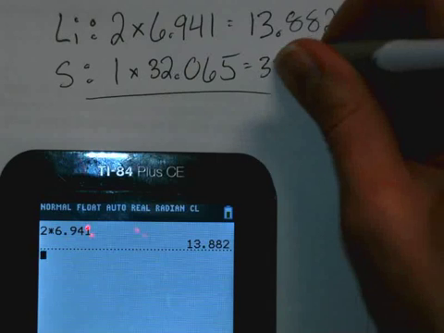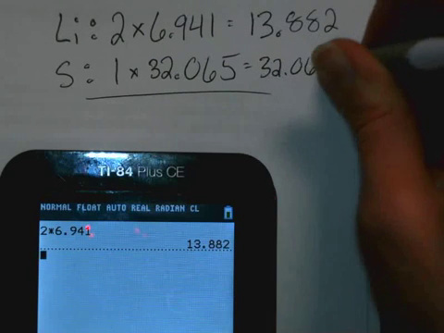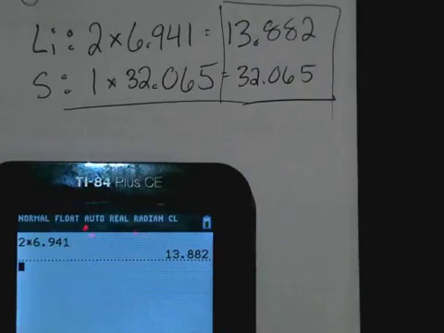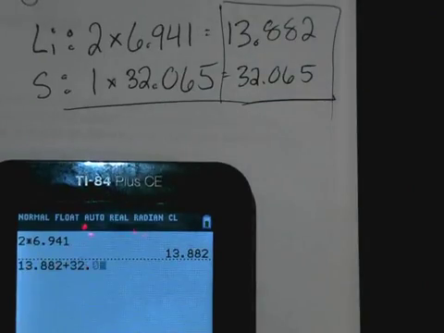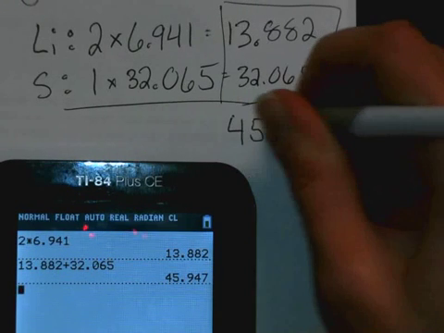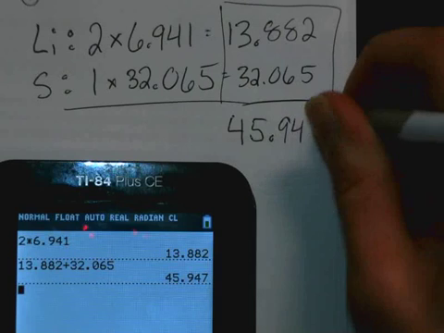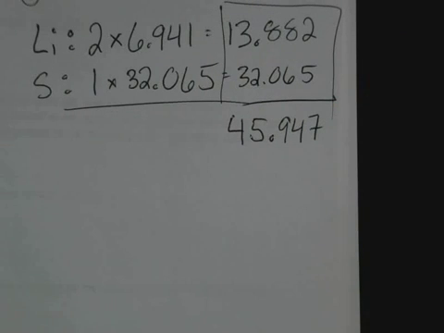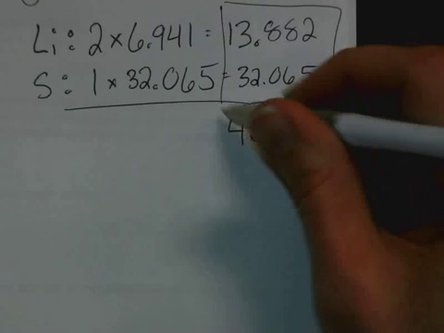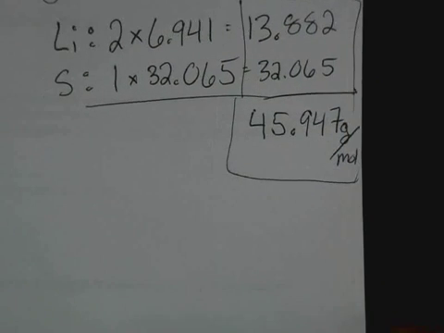My 1 times 32.065 is still going to be 32.065. Then I can add those 2 numbers up together, 13.882 plus 32.065 gives me a mass of 45.947. My unit is always going to be grams per mole.